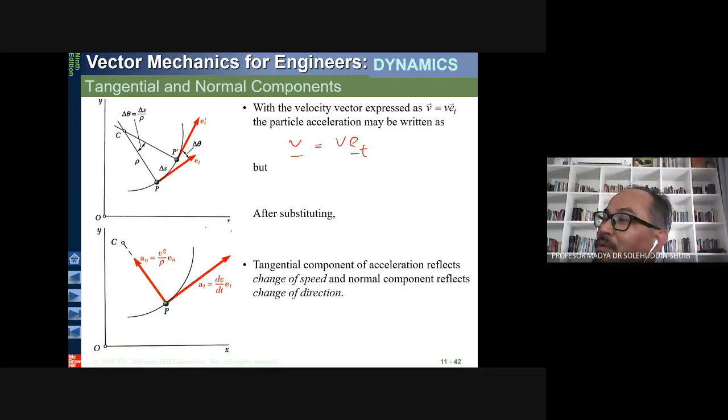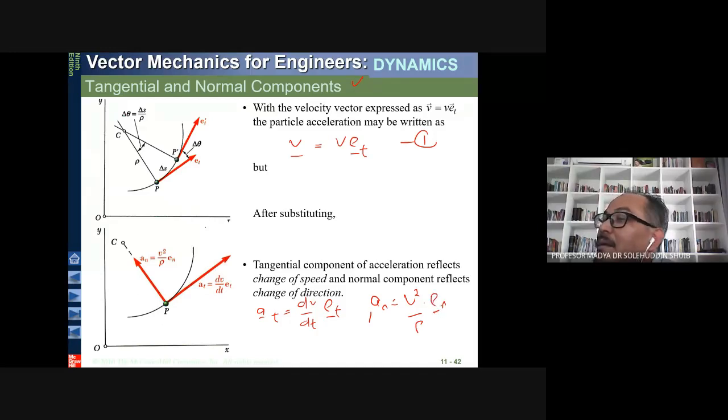I want you to write in your formula sheet, for tangential and normal component, we have this equation. This is an important equation. You have tangential acceleration, dv/dt, and then you have normal acceleration, v squared over rho, times the unit normal.